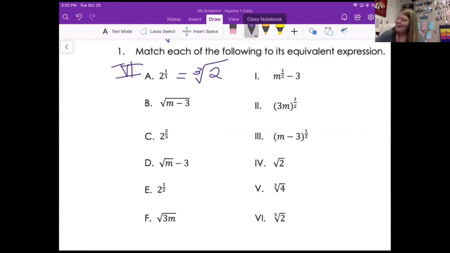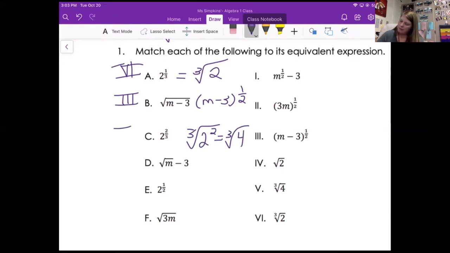Okay. So m minus 3 square root, we want to change that whole thing to m minus 3 to the 1/2 power, which is 3, I. C, 2 to the 2/3, would be the 3rd root of 2 squared. What is 2 squared? 4, which is V, number 5.